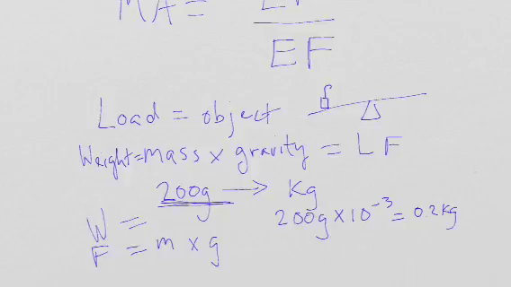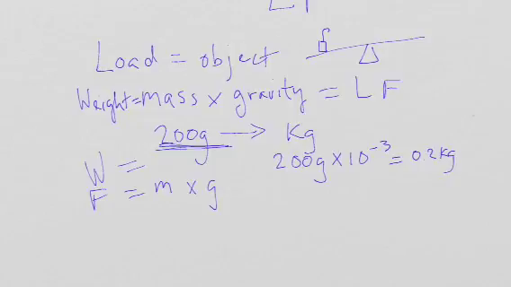You did all this in your conversions. You've seen this before. Multiplying it by 10 to a negative exponent is the same thing as dividing it by 10 to a positive exponent. Same thing. Okay, you know this. So if I've got the mass now of my object in kilograms, I know that my 200-gram mass, 0.2 kg, is going to be multiplied by the gravitational constant, 10 newtons per kilogram.